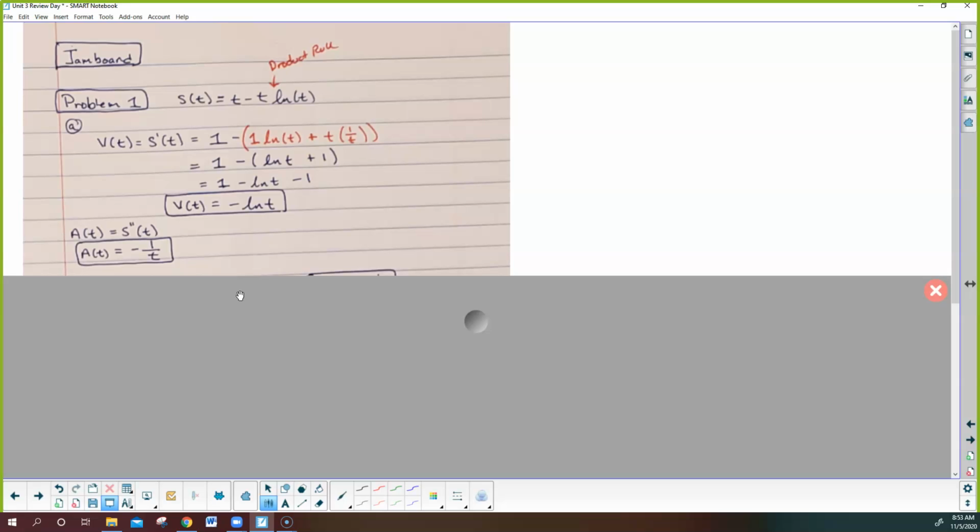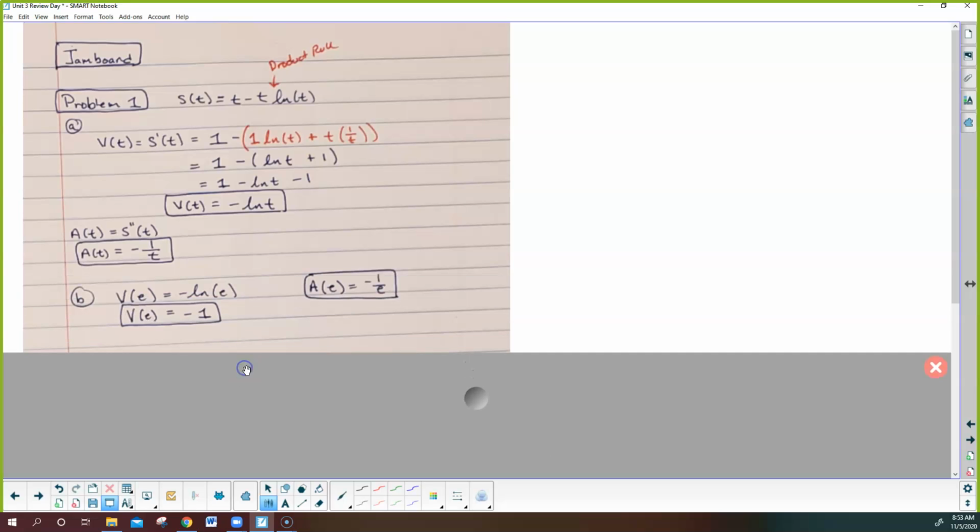So number 1 was challenging because you had to get the first part correct to do the second part correct. But if this was a handwritten test, whatever answers you got for part A, if you use them correctly for part B, you could still get the points for part B, which is the nice thing. You don't have to get part A 100% correct to earn full points on B.